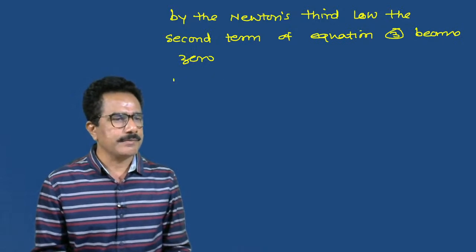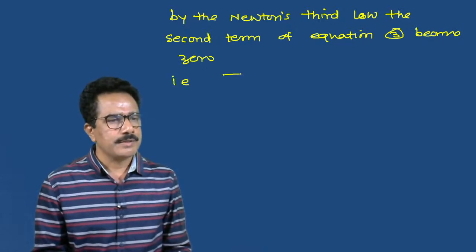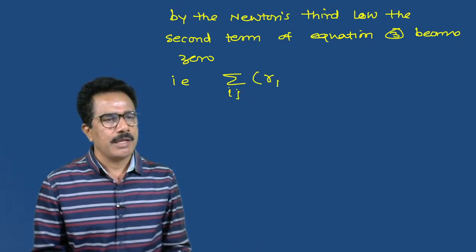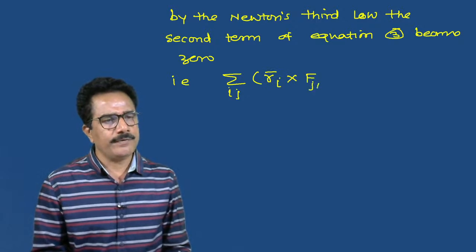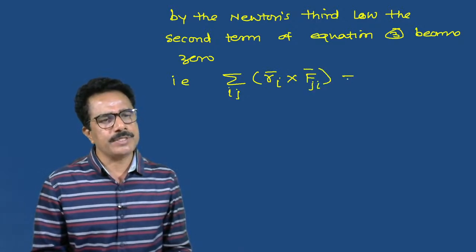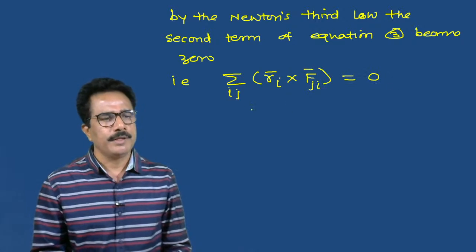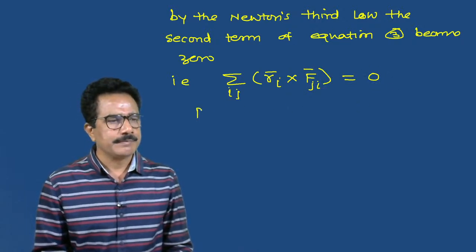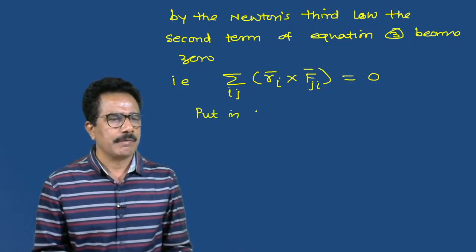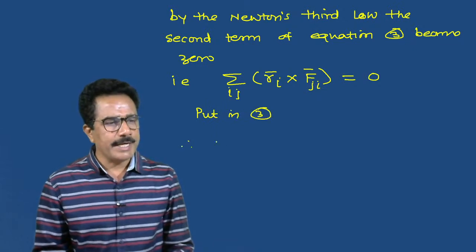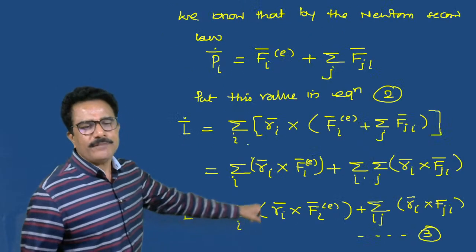That is, summation over i,j r_i bar cross F_ji is equal to 0. Put in 3. So we get L bar dot equal to, now the second term goes to 0.